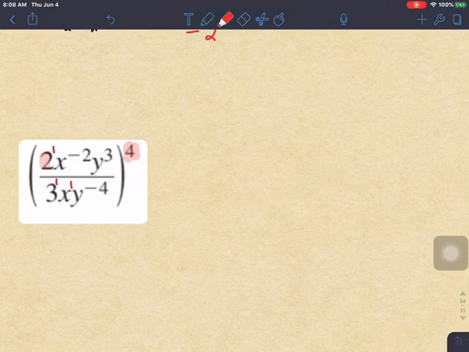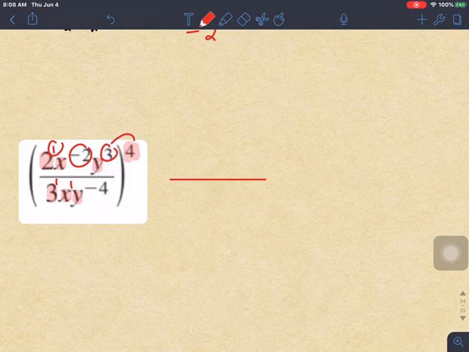There is a base here, a base here, and a base here, and a base here, and a base here, and a base here. There's 3 different bases, and so what that means is that we're going to multiply all of these powers times the 4. So let's go ahead and do that, all right? 2 to the first, the rule is that when we do a power of a power, we are multiplying our powers together.